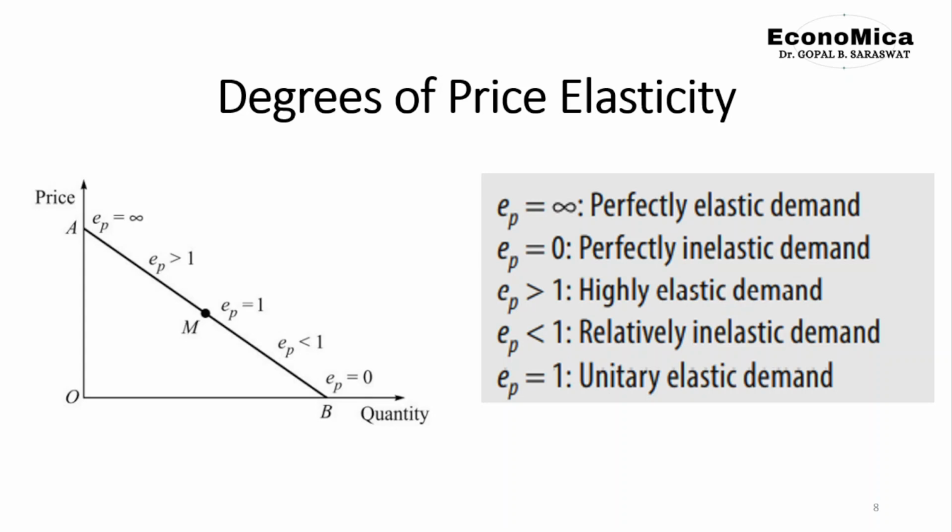On the demand curve, we can see that the midpoint of the demand curve indicates elasticity equal to 1, which we already discussed in the previous video, where I explained why elasticity at the midpoint is equal to 1. You can watch that video on my channel.